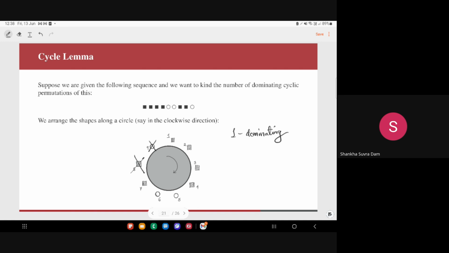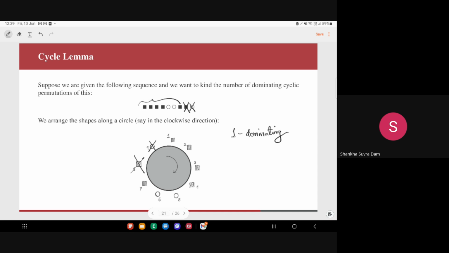So if we take out the 9th and 8th, right? So if we take out these two elements, to count the number of k-dominating cyclic permutations for this sequence alone would be the same number as counting the k-dominating permutations for the initial sequence.